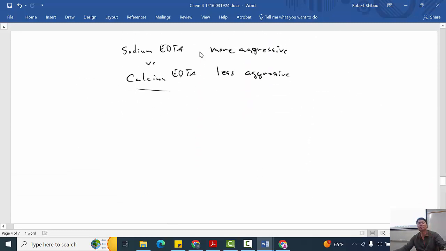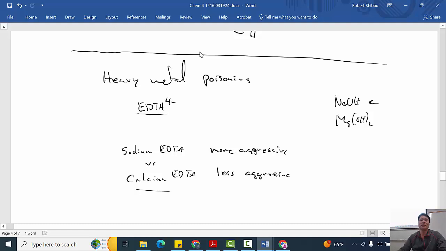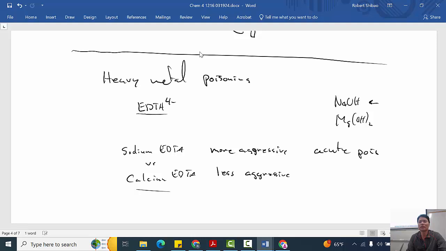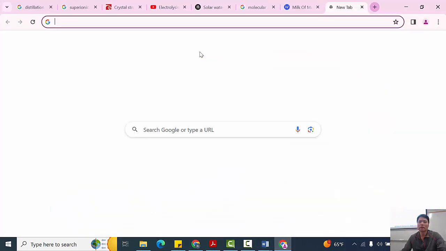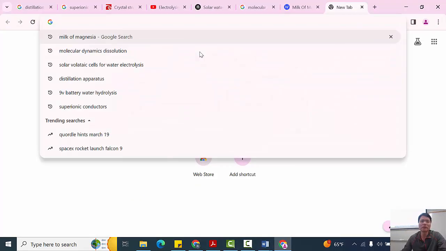And so I just want to finish with this. Sodium EDTA is for acute poisoning. Something that's severe, it needs to be taken down immediately. And so something as simple as solubility rules can help here.